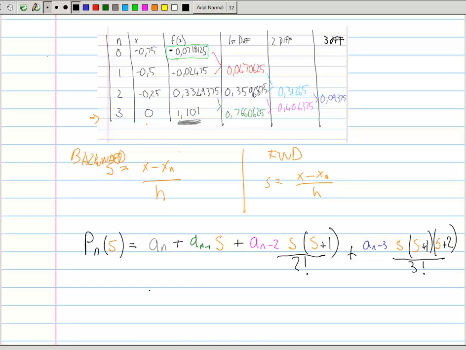And that is going to continue, plus dot dot dot, which is then we're eventually going to have plus an minus n. Now remember, in this case, our a0 was here, and we're counting down. In this case, I'm calling this our an, and then an minus 1, an minus 2, an minus 3, etc.